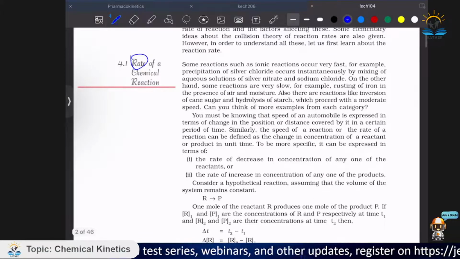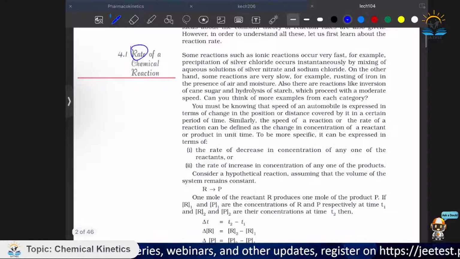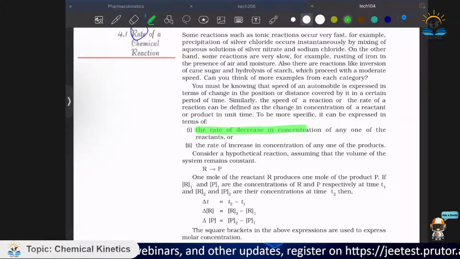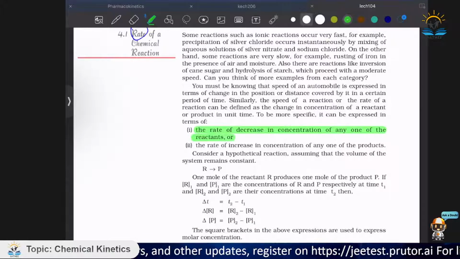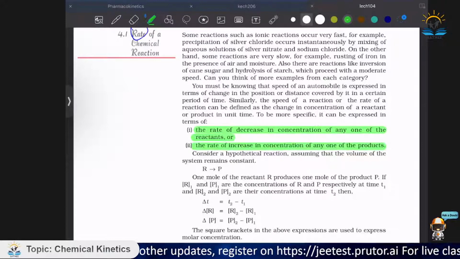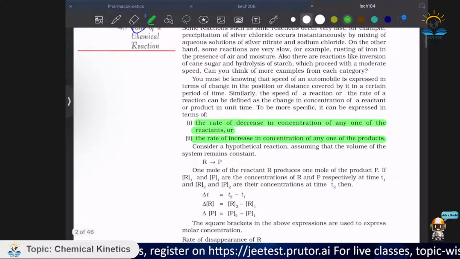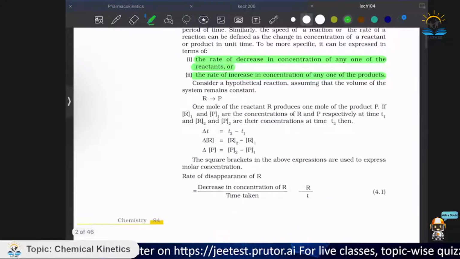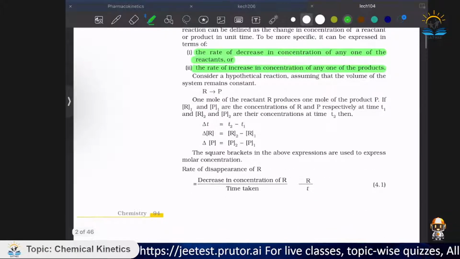How does NCERT define the rate of a chemical reaction? It says the rate of decrease in concentration of any of the reactants or the rate of increase in concentration of any of the products. This is the definition of rate.